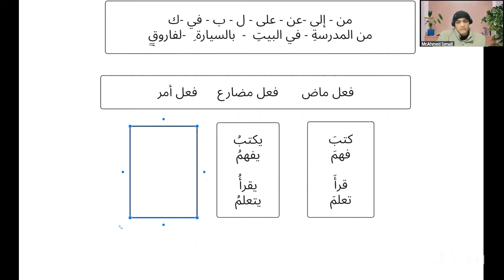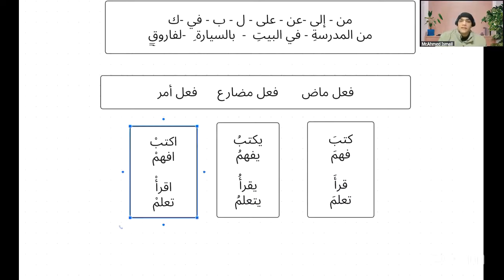We have اقرأ. We have تعلم. What happened now? Yeah, exactly. You discovered that it's the سكون. The حركة is the سكون. For the فعل أمر, you always have سكون on the last letter in it.